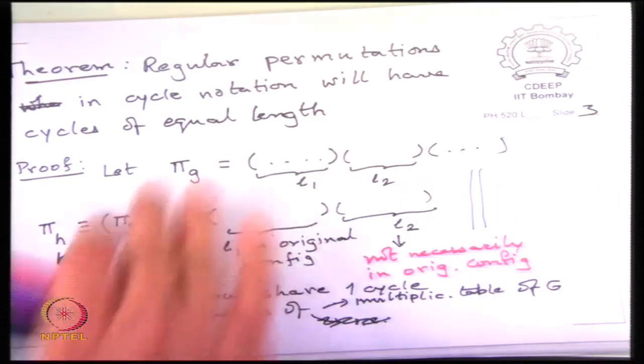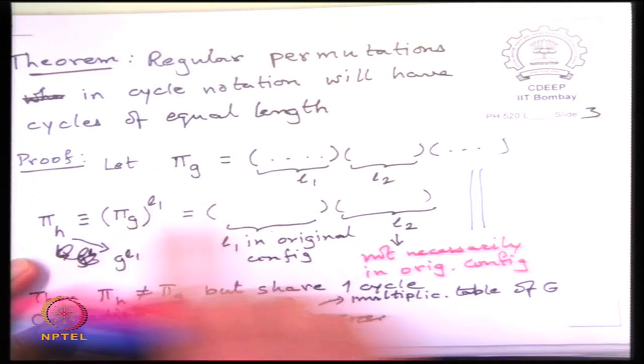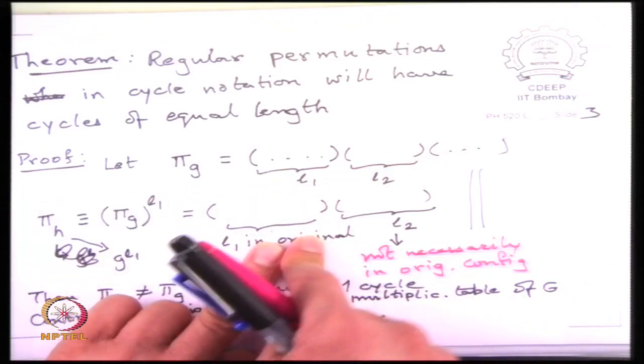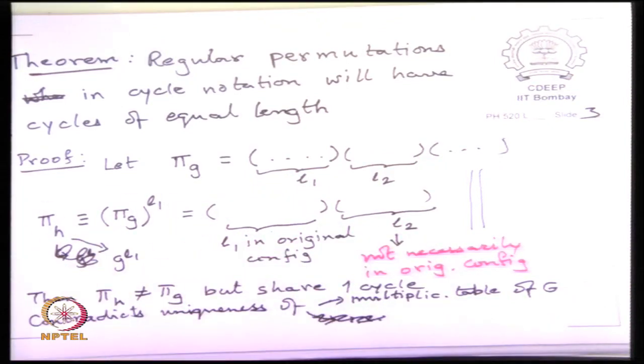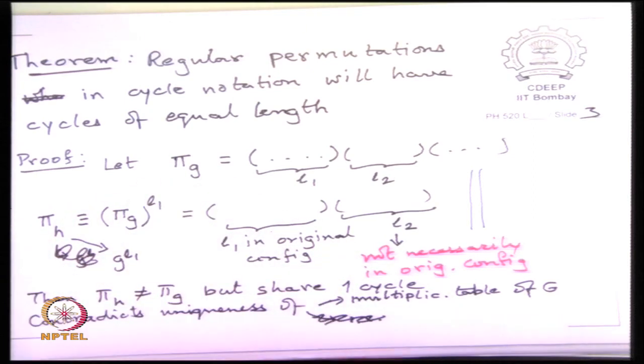In any case, this proof works. Even if I made a mistake in writing L1 instead of L1 plus 1, the fact remains that if the other cycles are not compatible with that length, then you will get a non-unique representation.